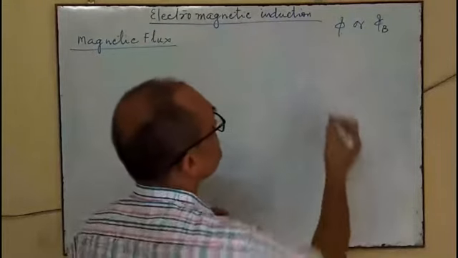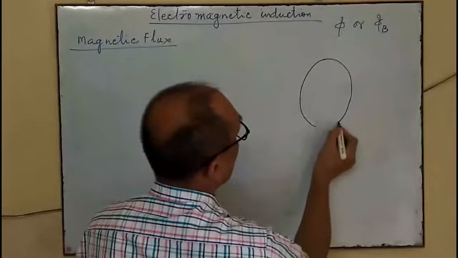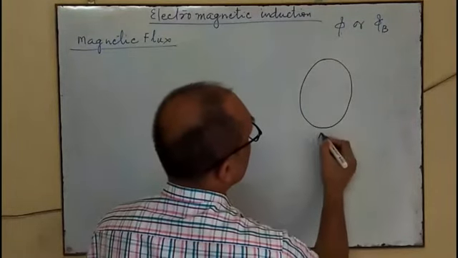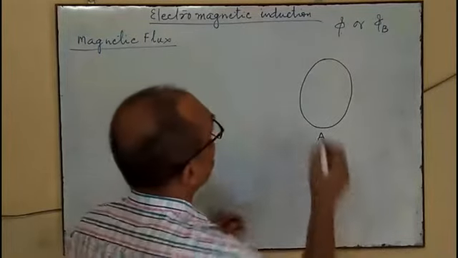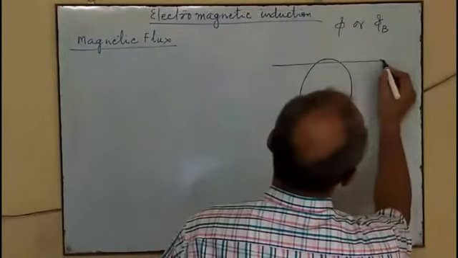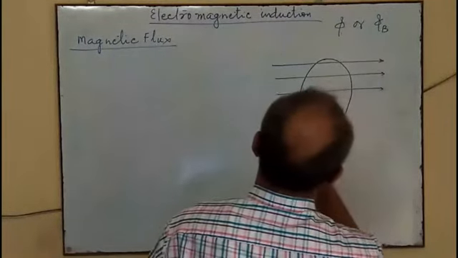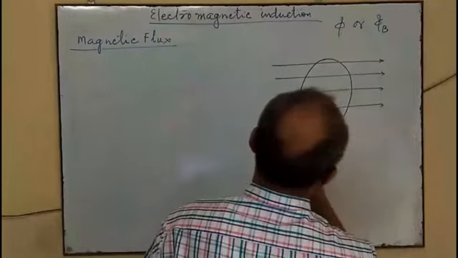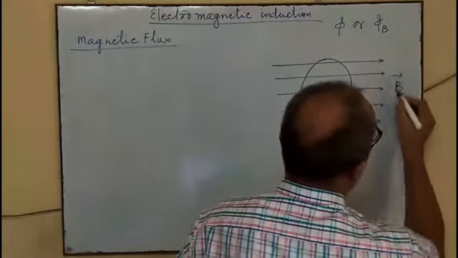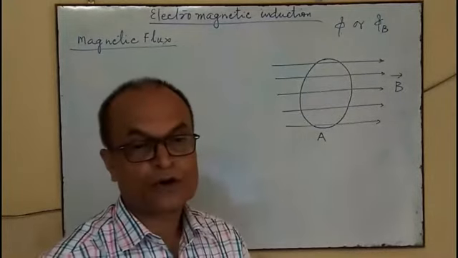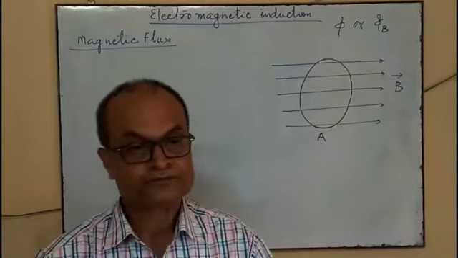Suppose this is an area A, and the magnetic field B passes through this area, and B is normal to the area.